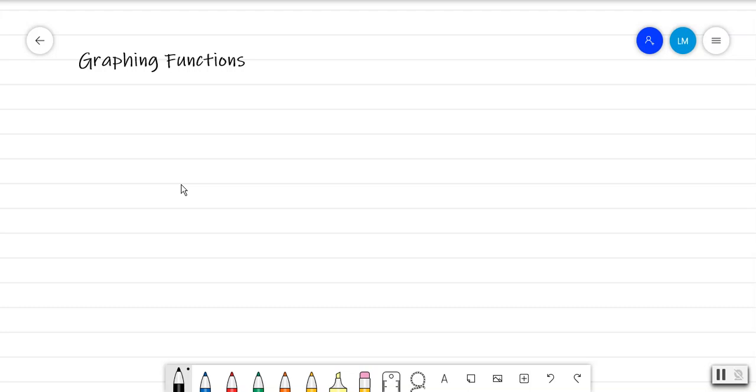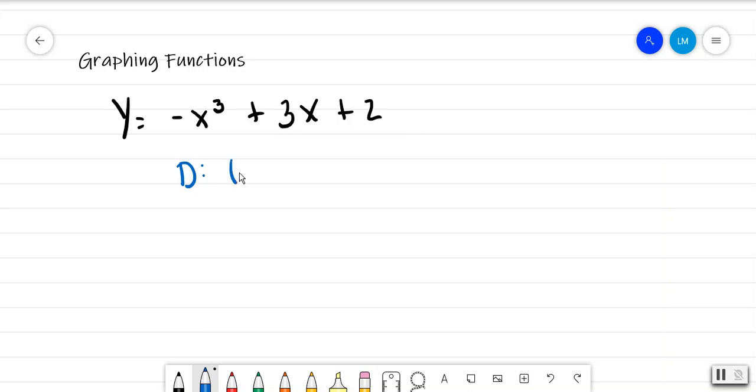Now, let's say that we consider the following equation. Let's say that we have y equals negative x cubed plus 3x plus 2. I know that this is a polynomial, so I already know that the domain is from minus infinity to infinity.